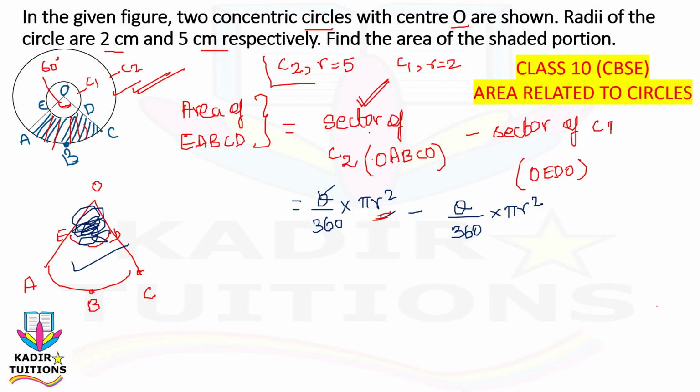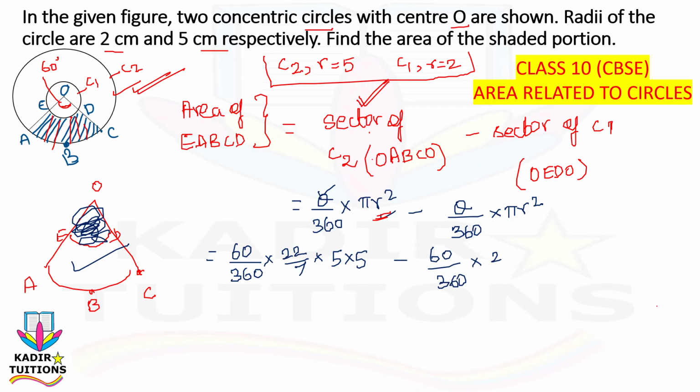We are going to use all this data. Substituting, theta is replaced with 60 divided by 360 into 22 by 7 instead of pi, and for circle C2 r is 5 into 5, minus the same 60 by 360 into 22 by 7 into the radius 2 centimeter, so 2 into 2, which I am directly writing as 4.